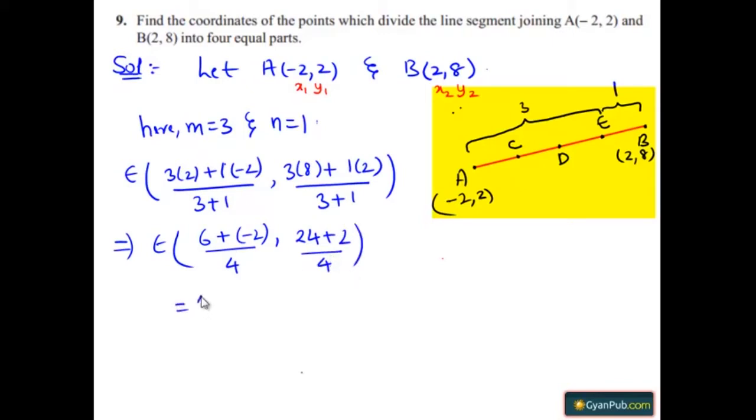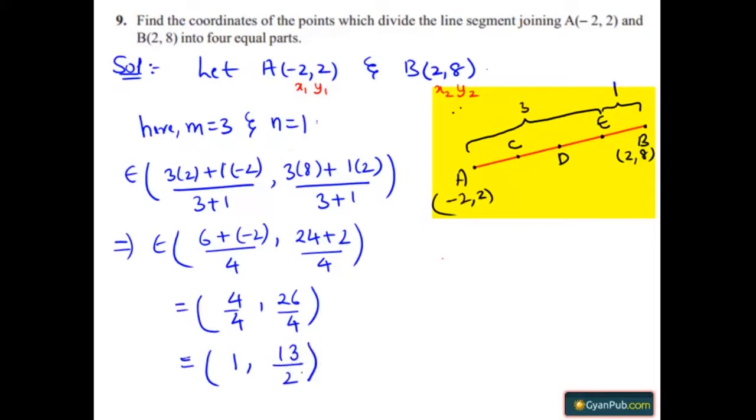That equals 6 plus minus 2 is 4 whole divided by 4, comma, 24 plus 2 is 26 whole divided by 4. That equals 4 goes in 4 1 times, comma, here we see that 2 is a common factor for both numerator and denominator. So 2 goes in 4 2 times, 2 goes in 26 13 times.